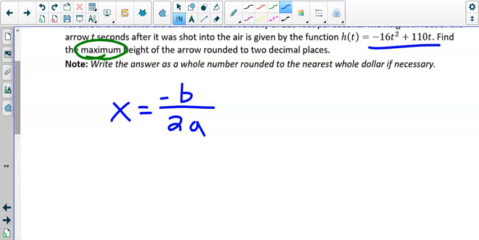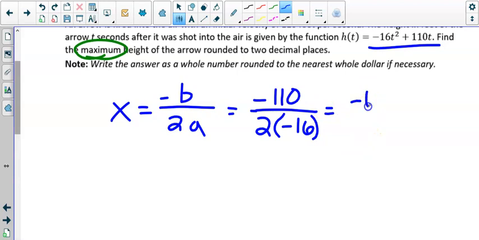So what's the opposite of a positive 110? Negative 110. Divided by 2 times, who is your a? Negative 16. So, negative 110 divided by, what is 2 times negative 16? Negative 32.